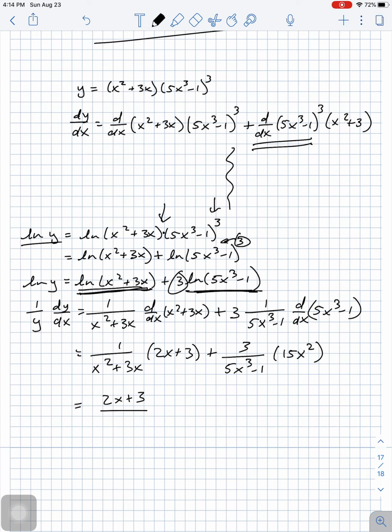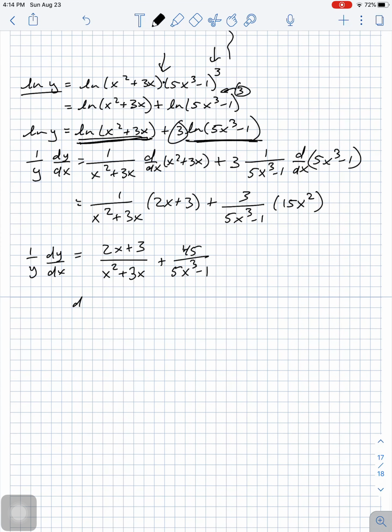So I think this is pretty nice. You can do this on any problem you want. What's 3 times 15? It's 45 over this stuff, 5x cubed minus 1. And then all you have to do at the end is multiply by y.